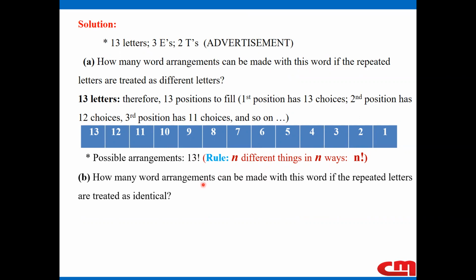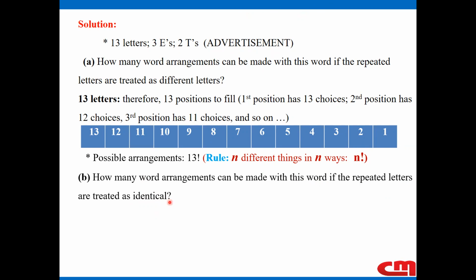Let us check on B. How many word arrangements can be made with this word if the repeated letters are treated as identical? So now we are saying in the word advertisement, we have to take note of the letters that are repeating, that is treating them as identical, right?